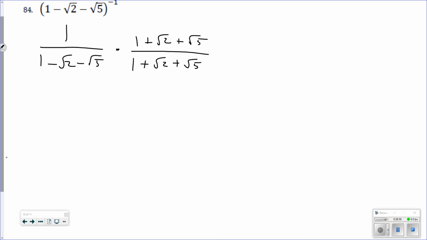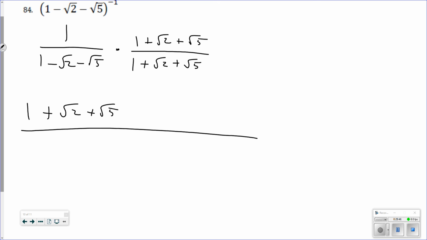So the top is pretty easy. It's just 1 plus root 2 plus root 5. Bottom's a little harder. So 1 times 1 is 1. 1 times root 2 is root 2. 1 times root 5 is root 5. Distribute the negative root 2. Get negative root 2.